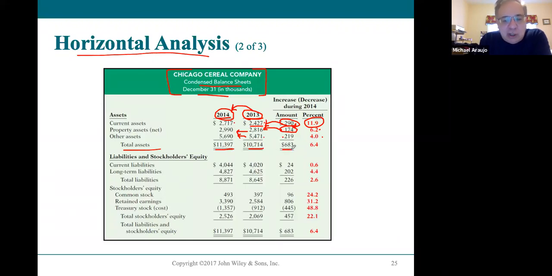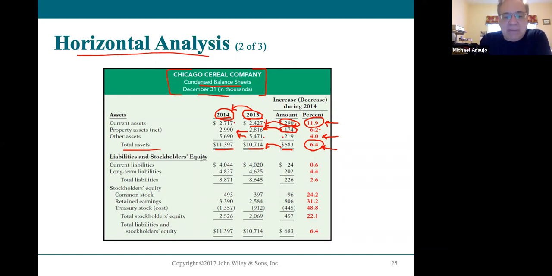That's a change of 683. 683 divided into the base year of 10,714 gives you an increase of 6.4% in that period of time for total assets. So as you see, current assets really increased a lot. Other assets only increased a little bit. And the average for all assets increased 6.4% from 2013 to 2014.